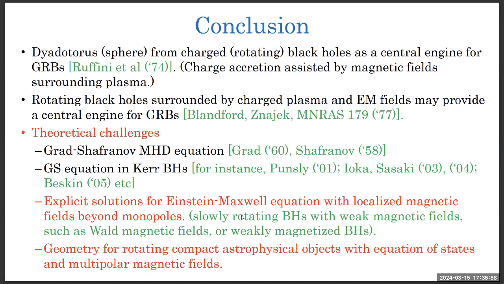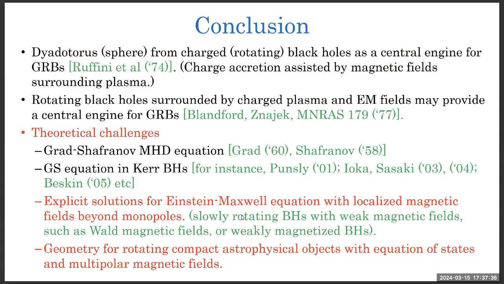A simple approximating approach is to rotate the black hole slowly and add a weak magnetic field so that magnetic fields can exist. I skipped many slides, and in the section about the magnetized black hole, there is a Wald magnetic field that respects the axial symmetry, the Killing vector from axial symmetry.